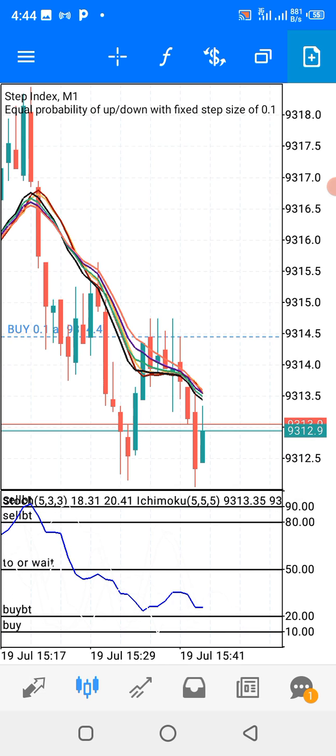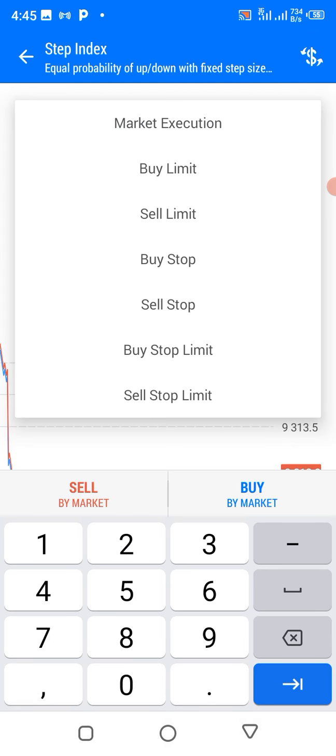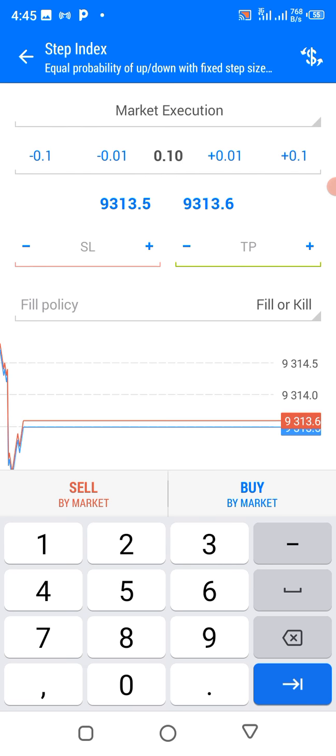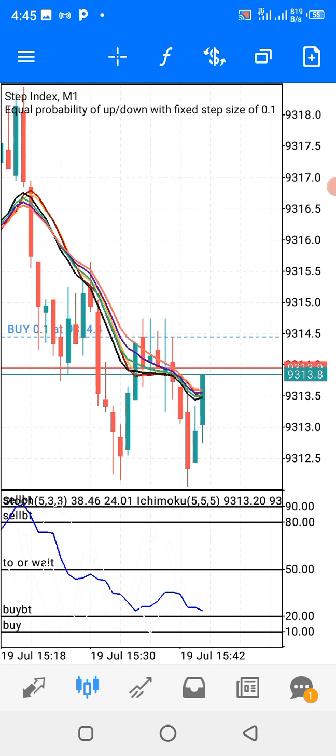I think I can, let me just do as if I want to place trade. So if you click on market execution, you will see buy limit, sell limit, buy stop, sell stop, buy stop limit, sell stop limit. So if you are using market execution, then you are trading at the current price. So that's what I mean.